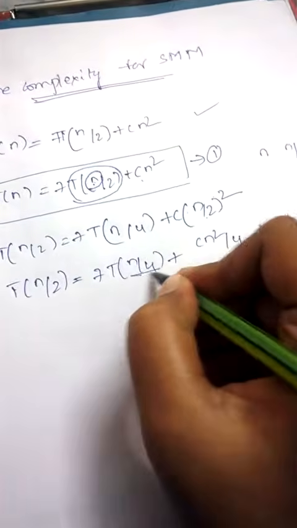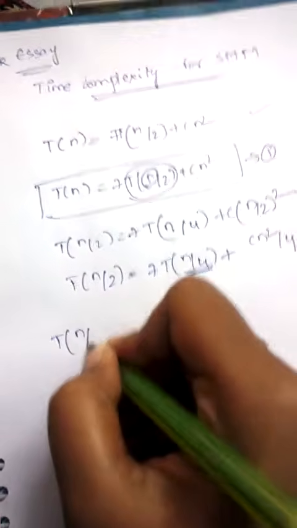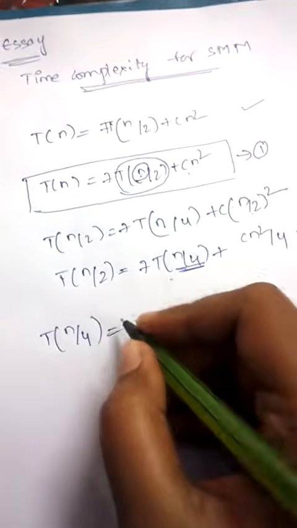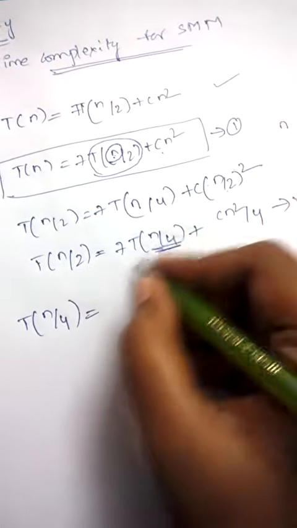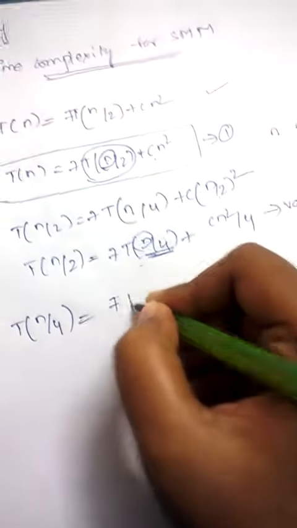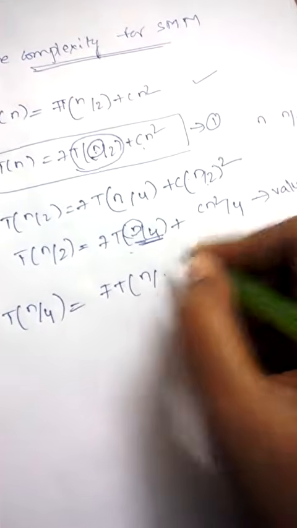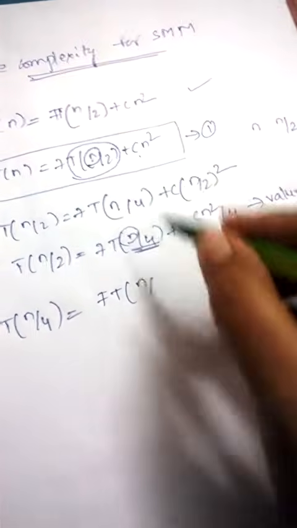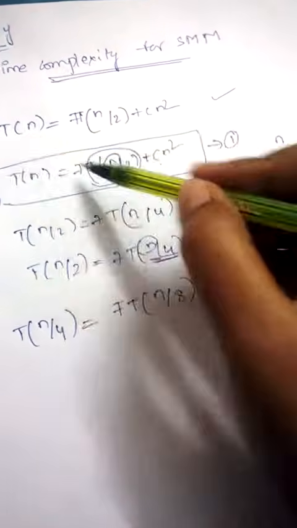Now again by reducing we have to find the formula of T of n by 4. In T of n by 4, in place of n we are substituting n by 4. So 7T of n by 4, and 4 into 2 will give 8.